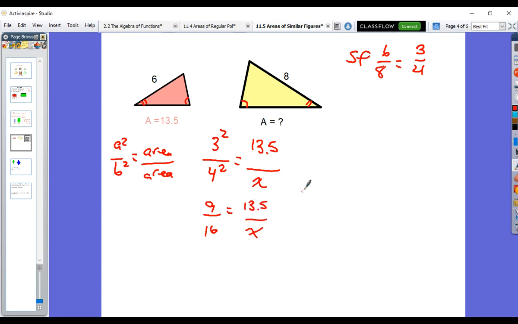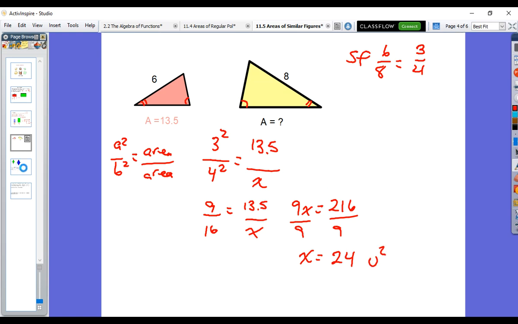We cross multiply, we end up getting 9x equals 16 times 13.5, which gives us 216. We then divide both sides by 9. The value of x will equal 24. So the area of our bigger triangle is 24 units squared.